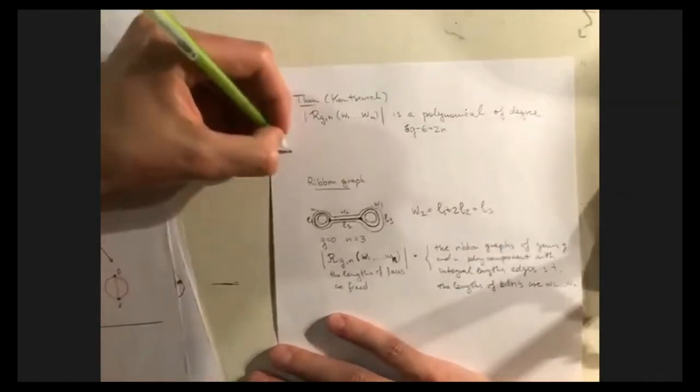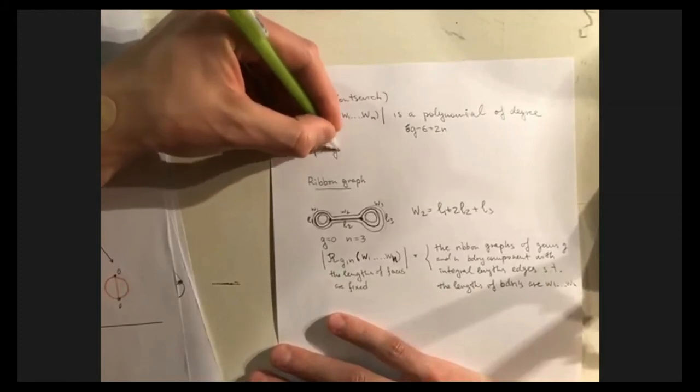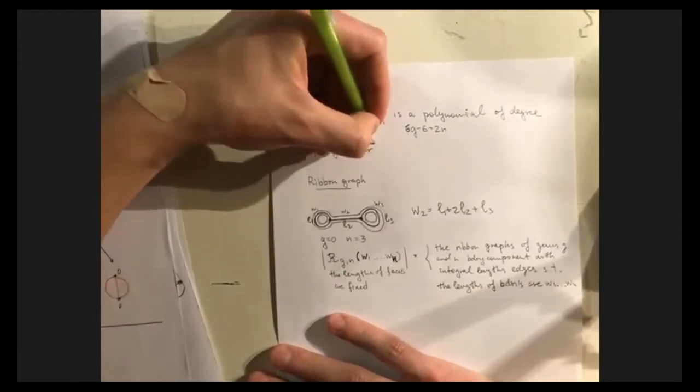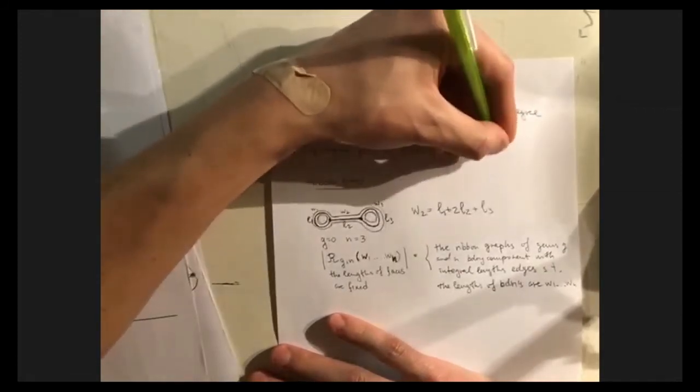And the second part is that the top degree part of this polynomial is the Kontsevich polynomial, N_{g,n}(w1, ..., wn).